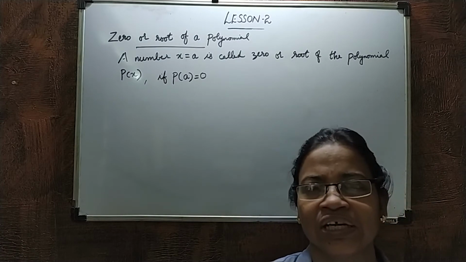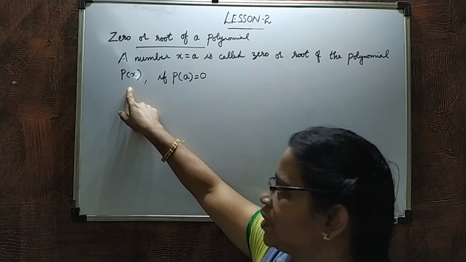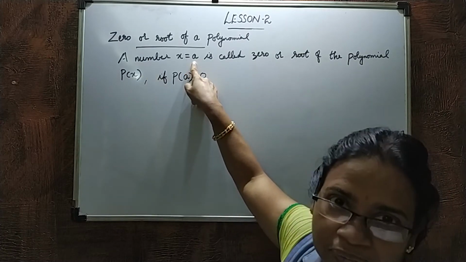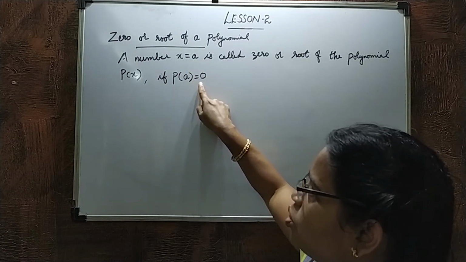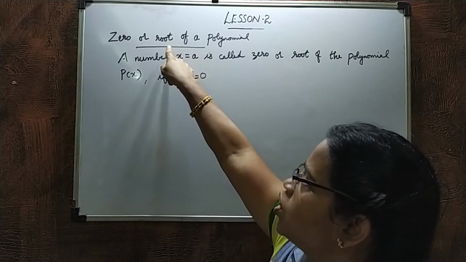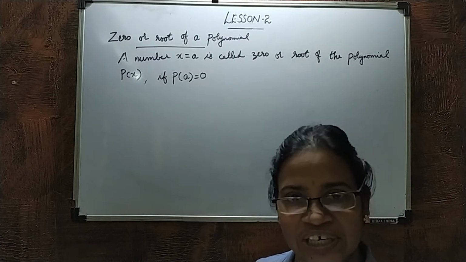The main thing is, suppose this is the polynomial p of x and instead of x you substitute a. Then if you get p of a equal to 0, then we can say that a is the root or 0 of that polynomial. Once again I will tell you.